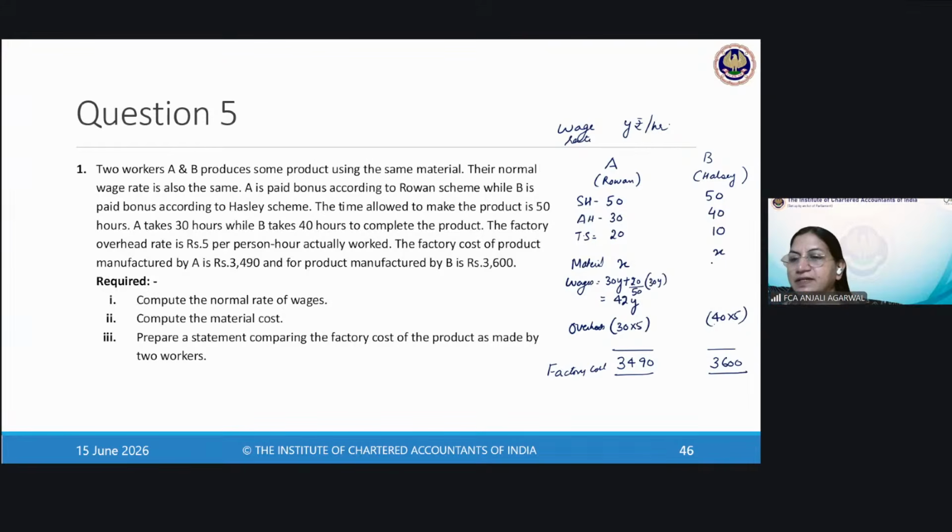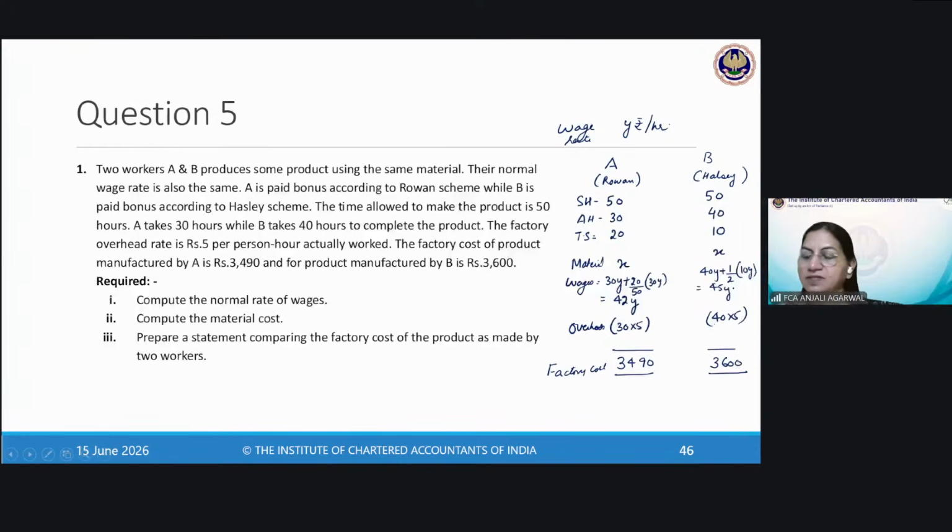What will B get under Halsey? 40Y, actual hours into hourly rate, plus half of time saved, 10 hours, into hourly rate Y. So he gets 40Y plus half of 10Y, 45Y.